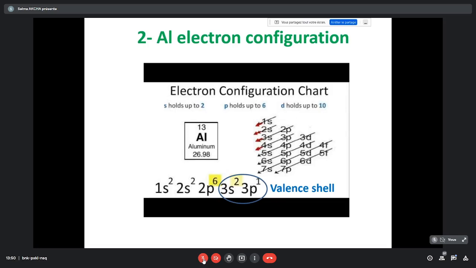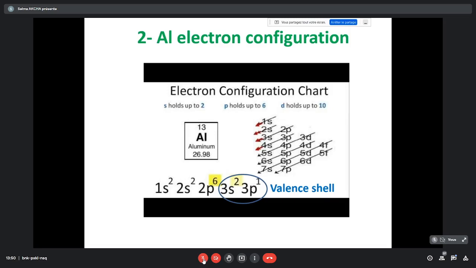Always. Les électrons choisiront toujours les niveaux les plus faibles en énergie, les plus stables. Actually, everything in nature looks for stability. Tout dans la nature recherche la stabilité. OK?